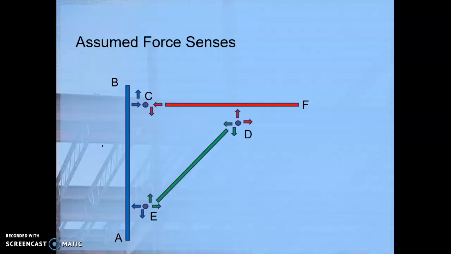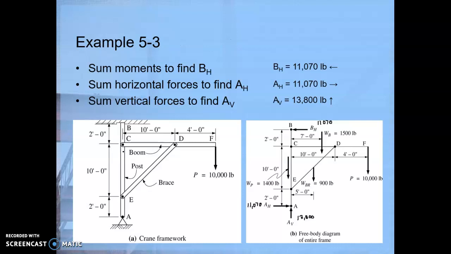This is kind of giving us an overall look at the different frame members and the way the three joints, because if I back up here, we have a pinned joint at C, D, and E. And you have to remember that when we're doing our frame analysis, all we're trying to do is figure out what these forces are at C, D, and E.